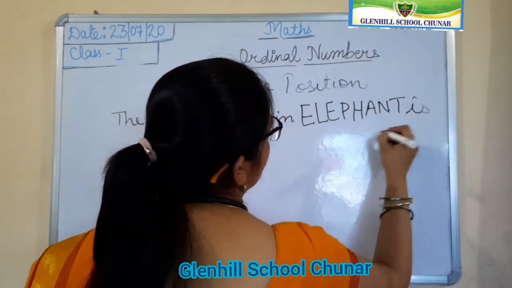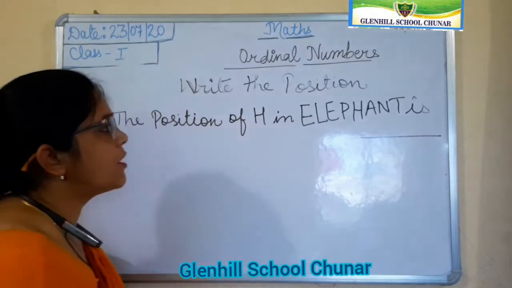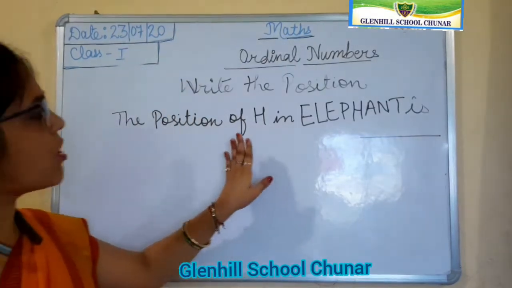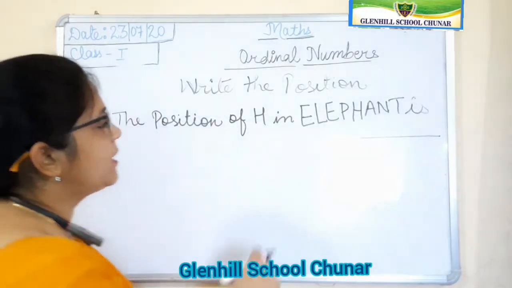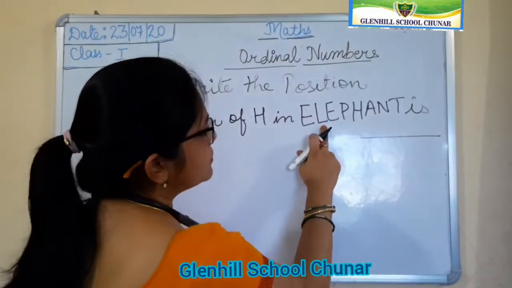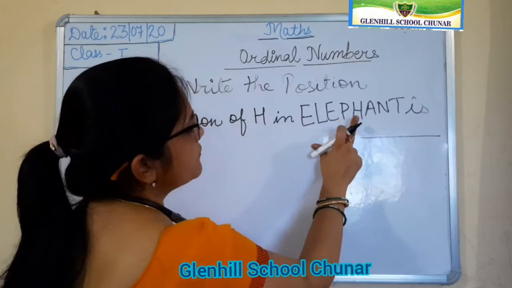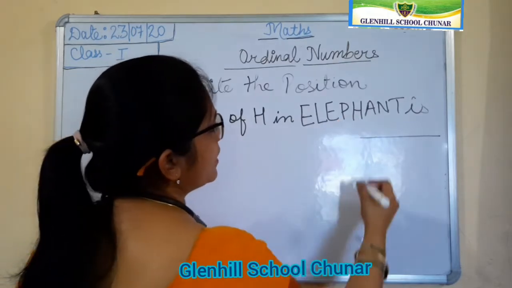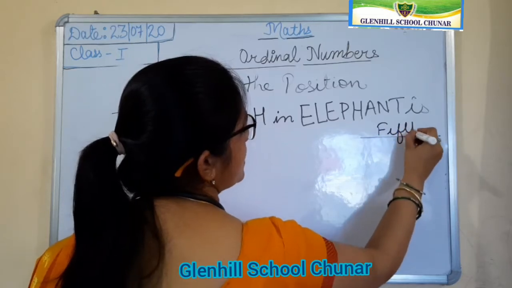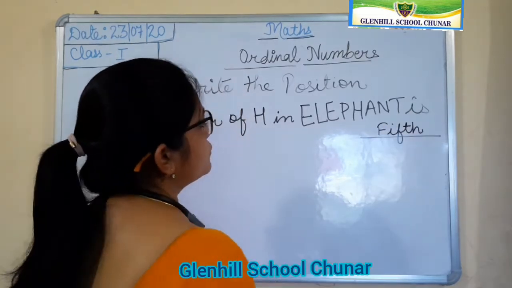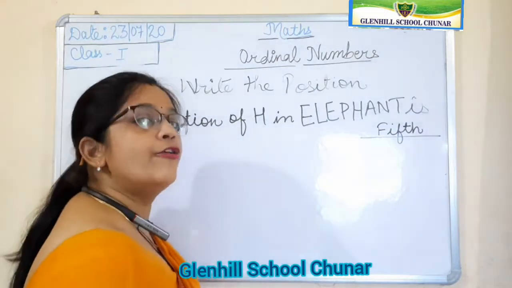The position of H in elephant is what? So find out. First position, second position, third position, fourth position, fifth position. So here you will write down fifth. F-I-F-T-H. Fifth. The position of H in elephant is fifth.